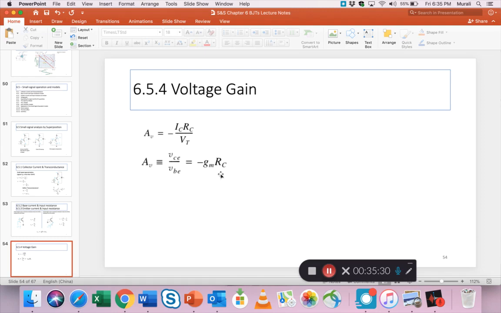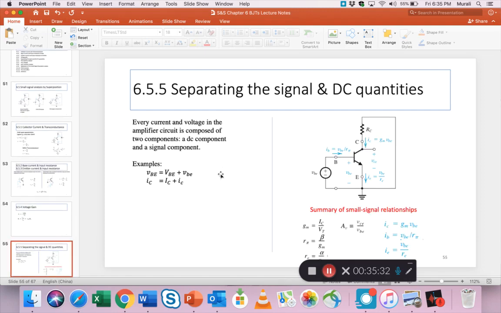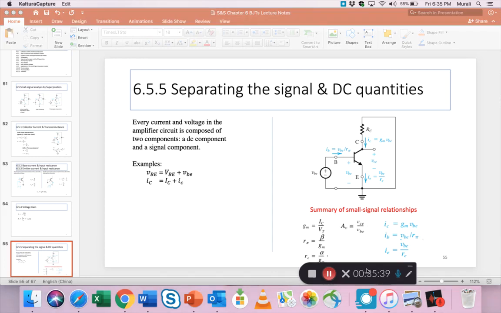Okay, so that's slide 54. I will move on to slide 55. Here's a little more theory that we do need to understand. So nothing new. I think by now this material is familiar, but I wanted to emphasize something important here, and that is the fact that in any amplifier circuit, now this circuit on the right side is not a real circuit.